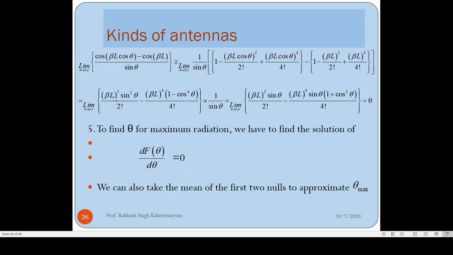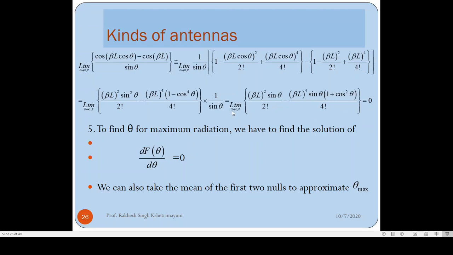What we have here is beta L square sine square theta by 2 factorial minus beta L to the power 4 (1 minus cos to the power 4) divided by 4 factorial, and don't forget we have 1 by sine theta here also in the denominator. So when you divide by sine theta, finally what you have is limit theta tends to 0 or pi of beta L square sine theta by 2 factorial minus beta L to the power 4 sine theta (1 plus cos square theta) by 4 factorial, and so on.